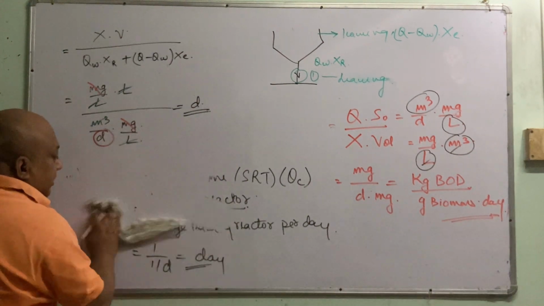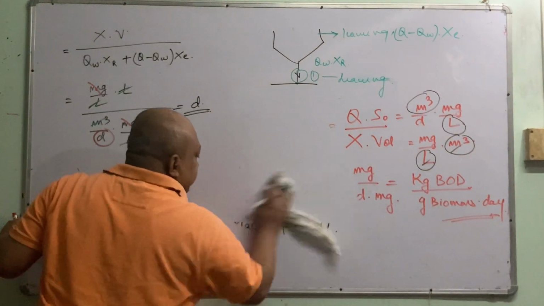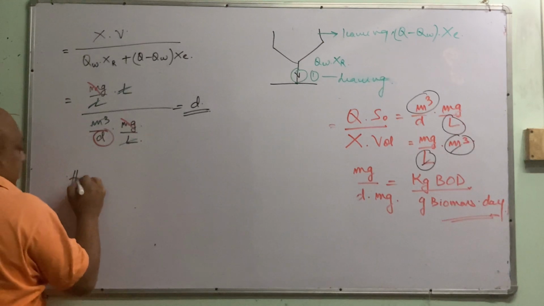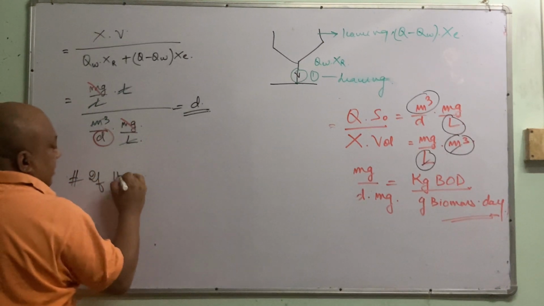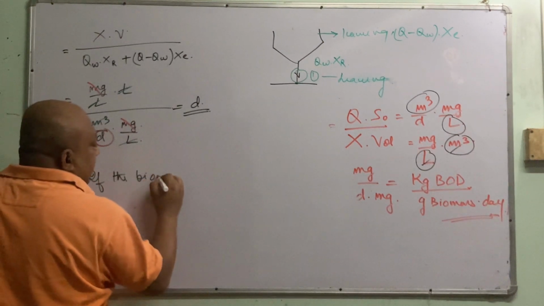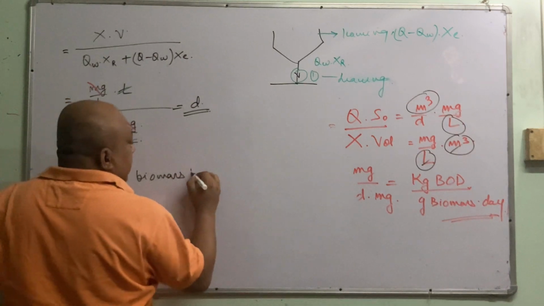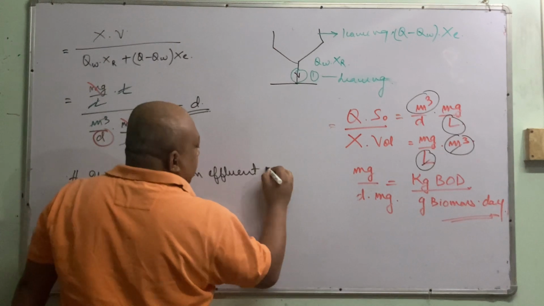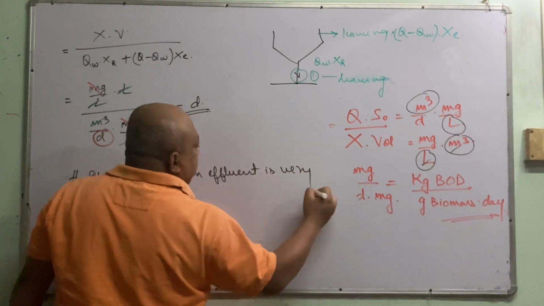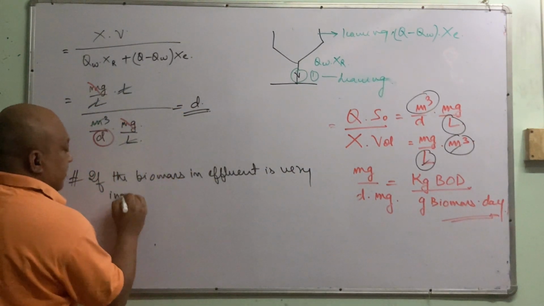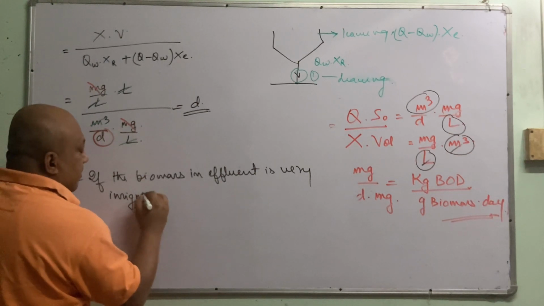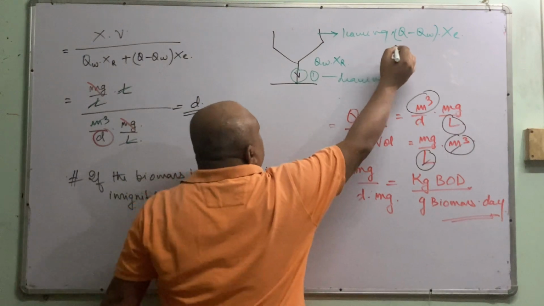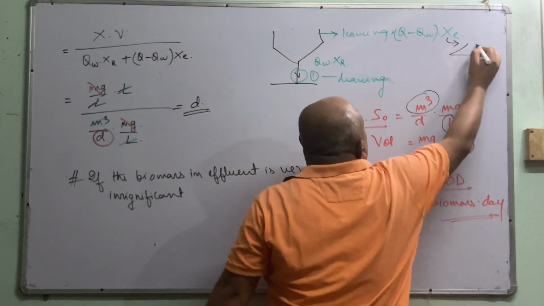Now, another example is, in case the biomass in the effluent is very, very insignificant, because almost all the biomass is removed, this XE is very small.